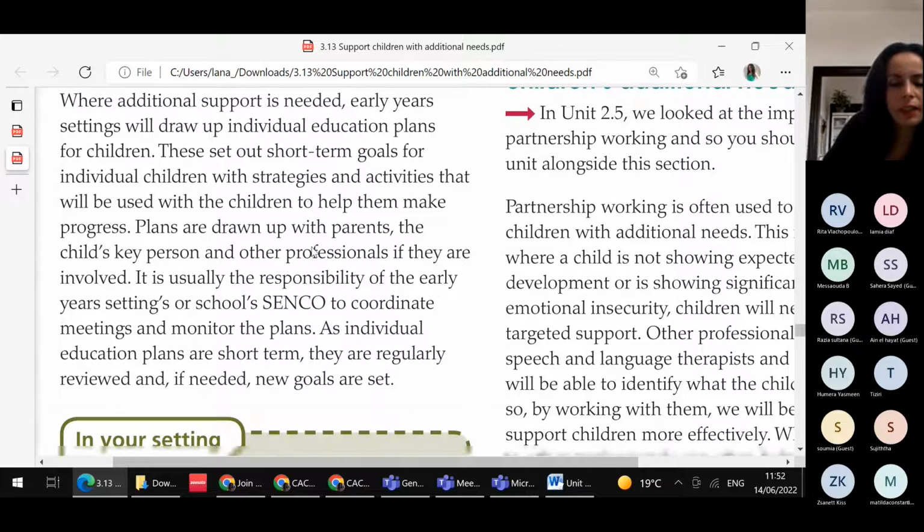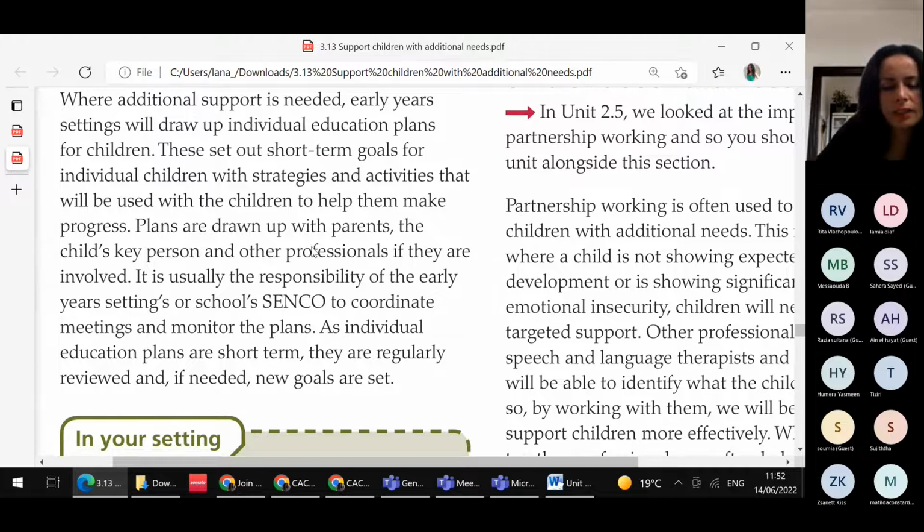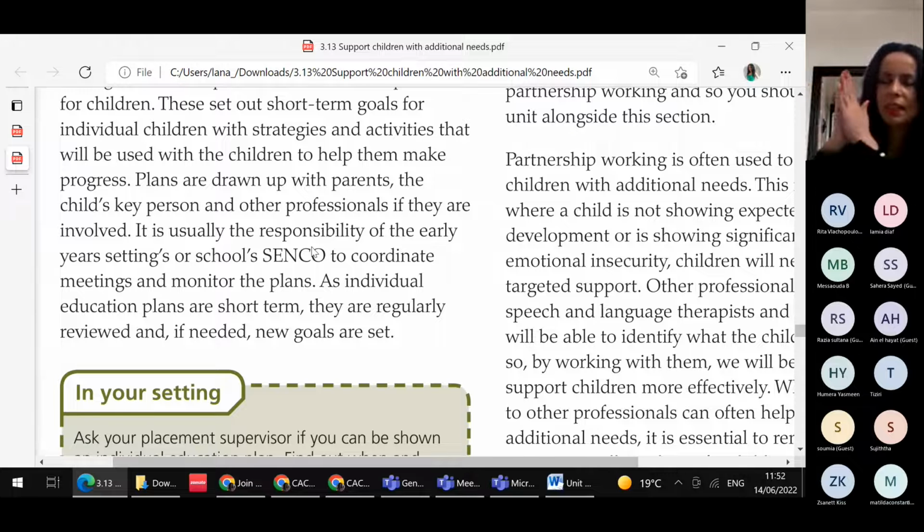These plans are put together by the nursery in partnership with the parents. They discuss the child's situation, go through certain points, and then they can draw up or write the care plan for each child.